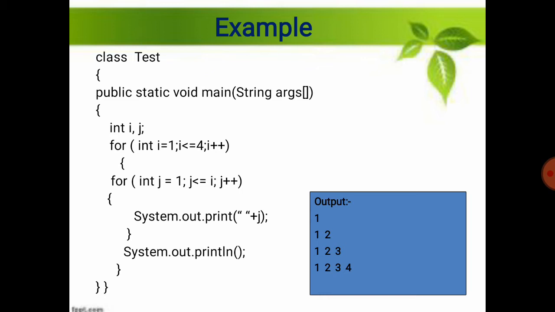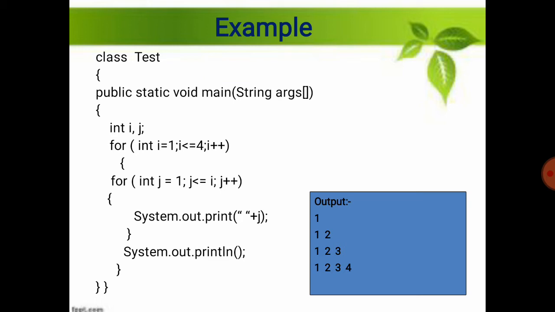The condition of j depends upon the value of i. So when i is equal to 1, j = 1 and j <= 1. It means when i is equal to 1, the inner loop revolves only one time, so it prints 1. Then it comes to the next line because of System.out.println.